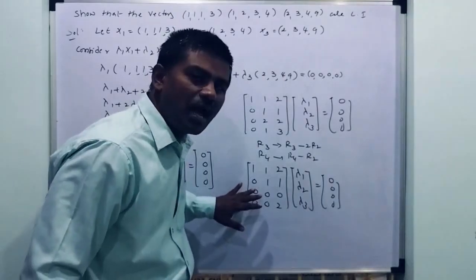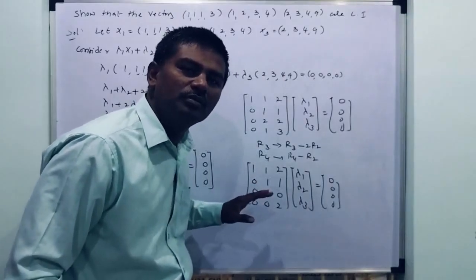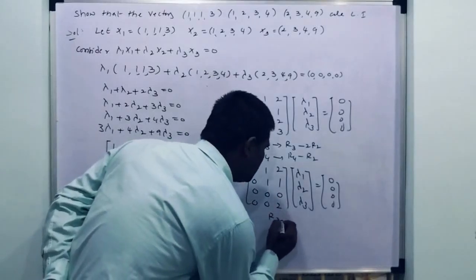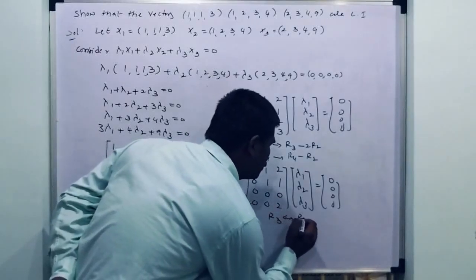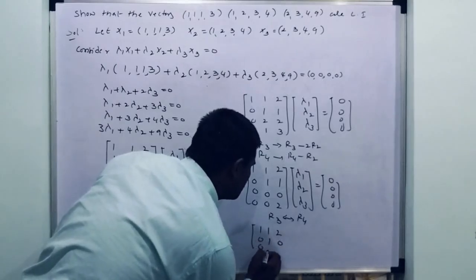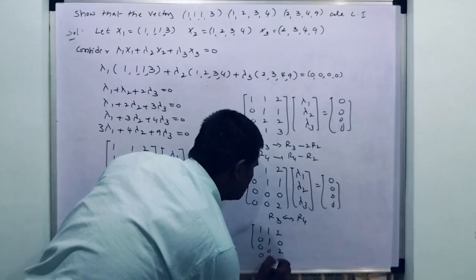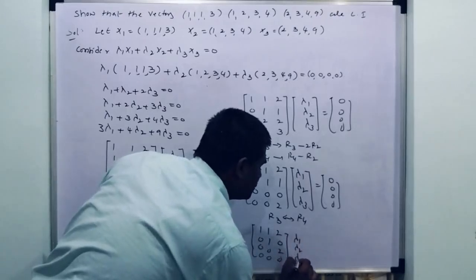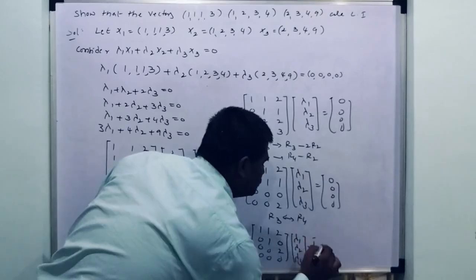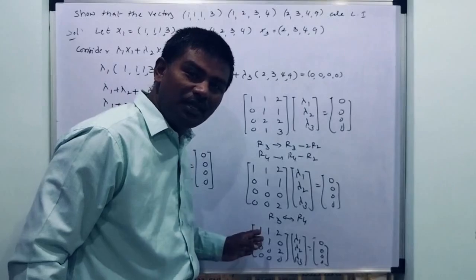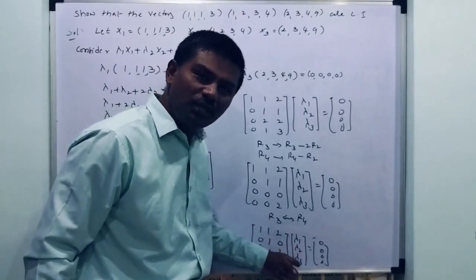Now interchange R3 and R4. Then you will get the rank of the matrix. The matrix becomes (1, 1, 2), (0, 1, 1), (0, 0, 2), (0, 0, 0) into lambda 1, lambda 2, lambda 3 equal to (0, 0, 0, 0). The rank of the matrix is 3. Number of unknowns are also 3.